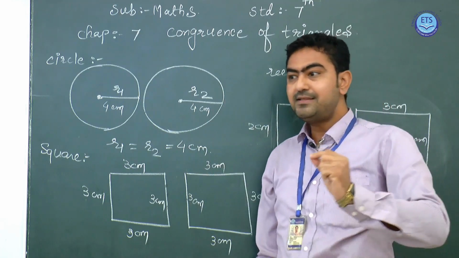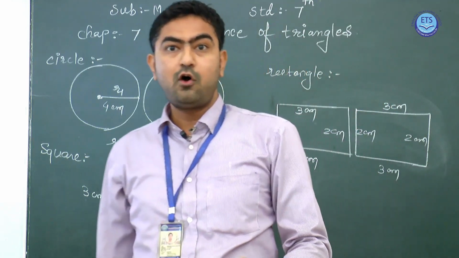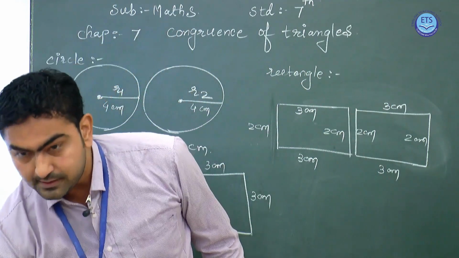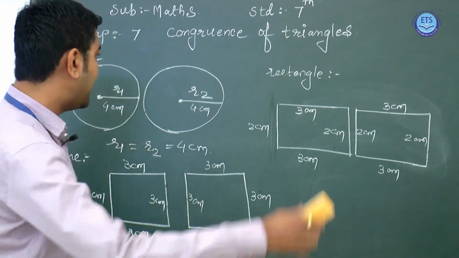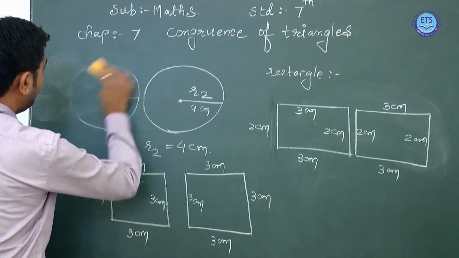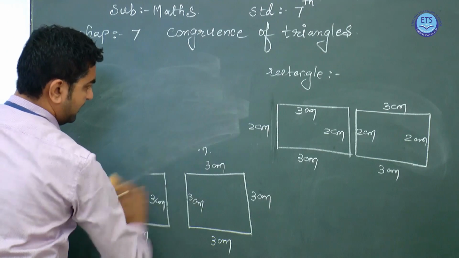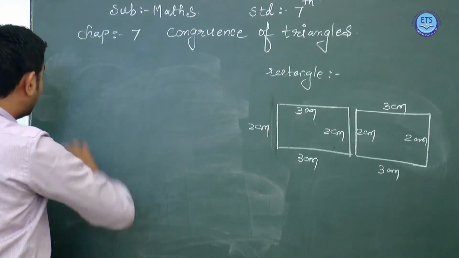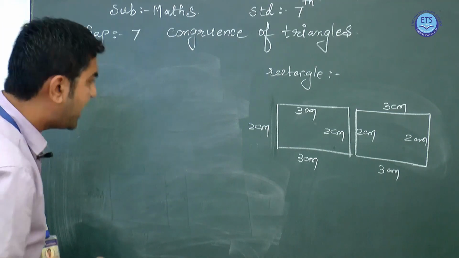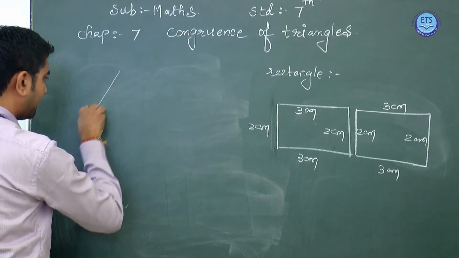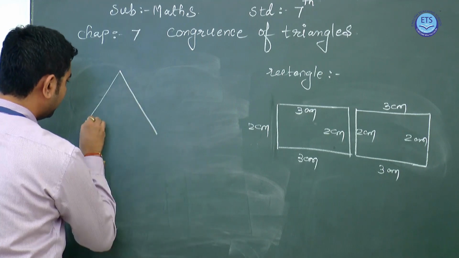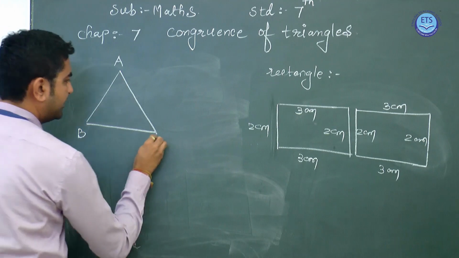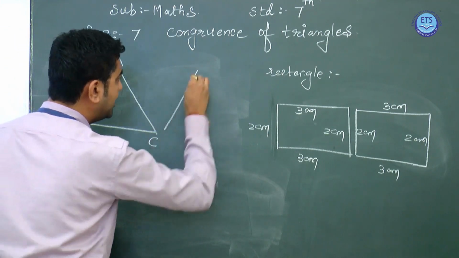Now what are the congruence rules for two triangles? First of all, we are taking two triangles. Now see here the figure of two triangles. The first figure is triangle ABC, and the second figure is triangle PQR.